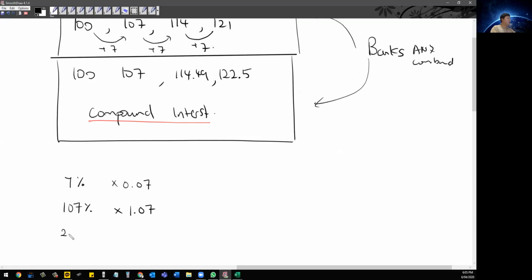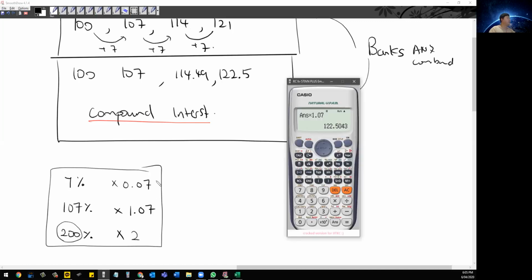If you have 200%, that means multiplied by how much? You just have to divide by 100. So you divide that by 100, then you get how much? You get 2, right?